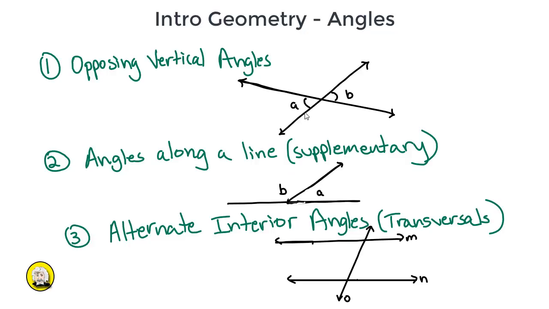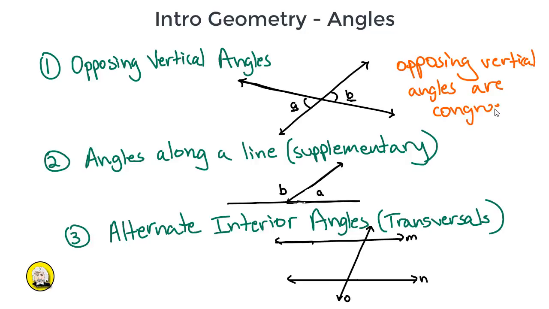Well, we know opposing vertical angles occur when 2 straight lines intersect. The angle A and the angle B shown are opposing vertical angles. And opposing vertical angles are congruent, which really just means they're of equal measure.